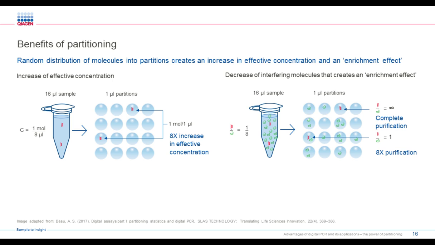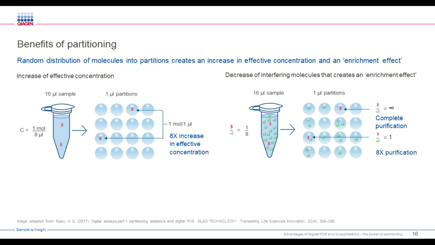But in the next example, to the right, we have these two molecules surrounded by competitive molecules. This can be a mutation, a virus, a pathogen, anything that we are looking for. But these surrounding molecules or inhibitors will prevent us from finding these two molecules inside this tube with real-time PCR.